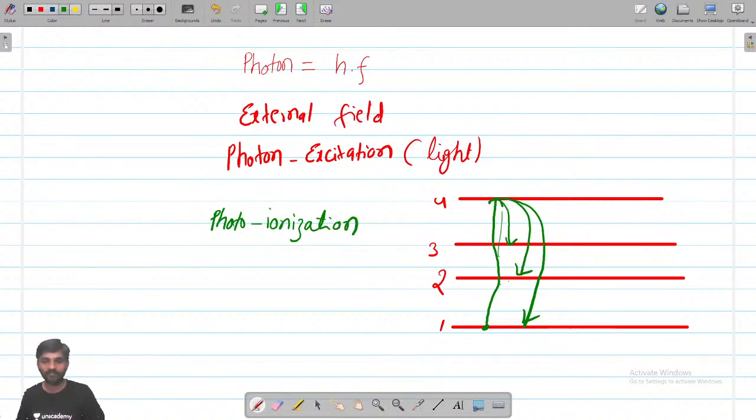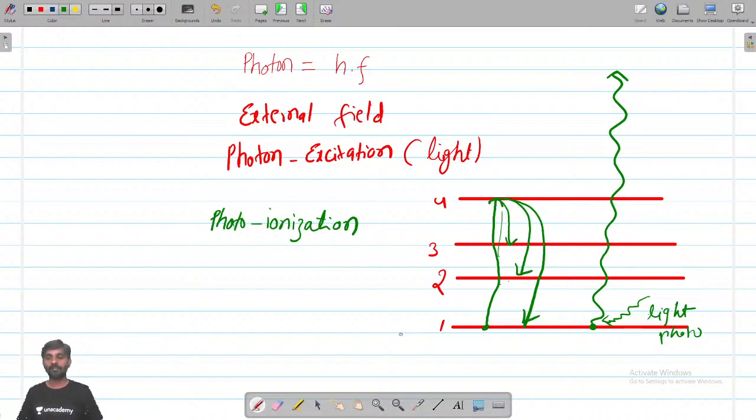If the electron gets some light in the form of a photon so that it completely goes out of the atom and becomes free, this is called ionization, right?